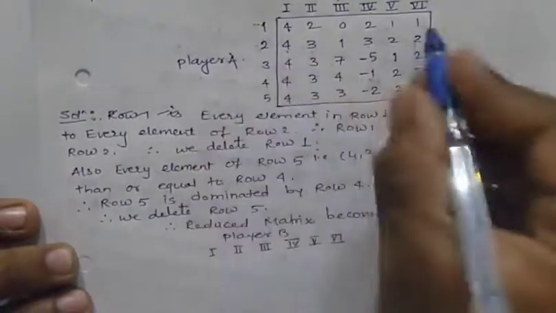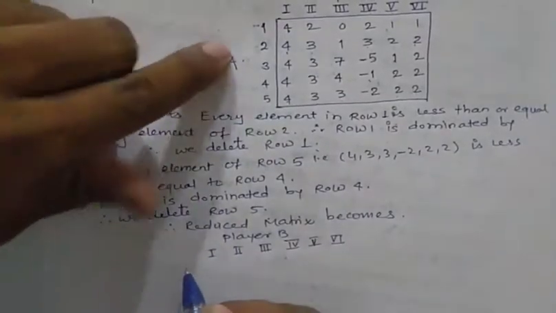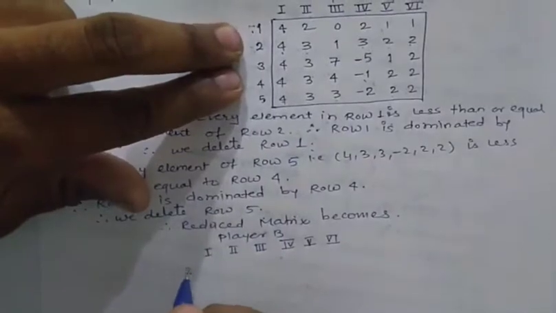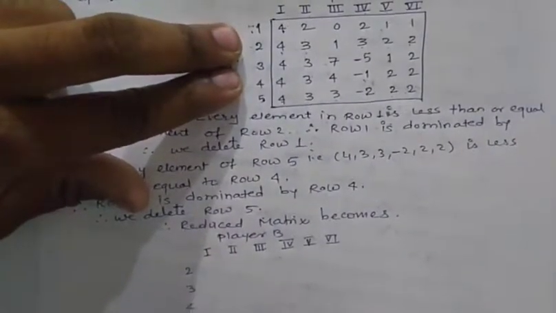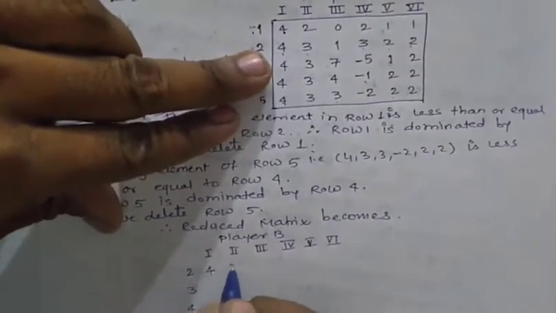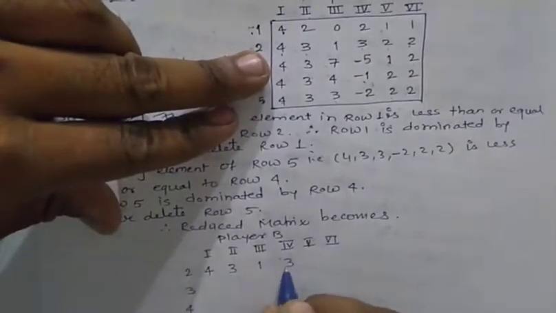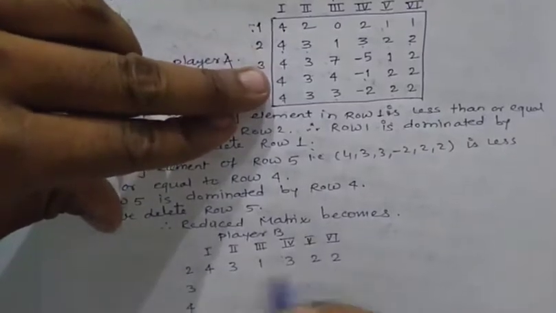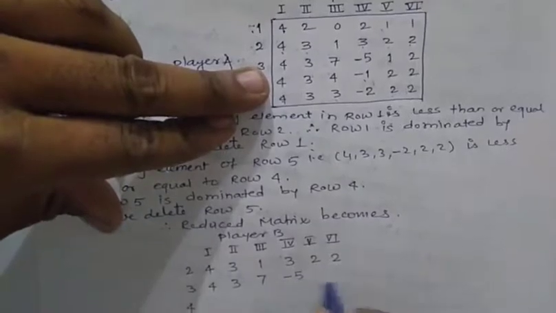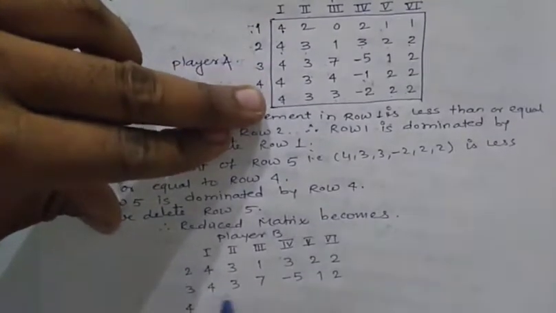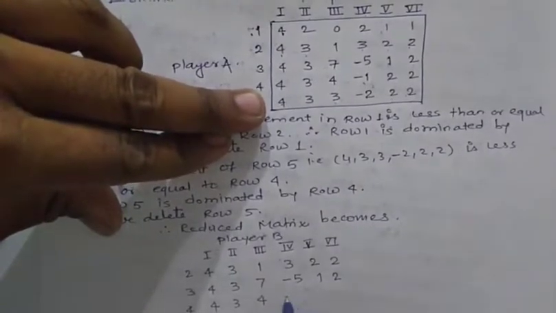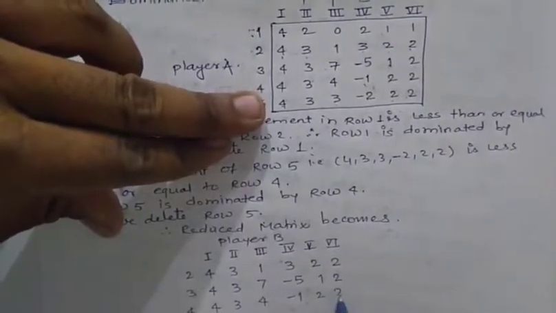Row 1 is deleted and row 5 is deleted, so we get only rows 2, 3 and 4 remaining. The entries are 4, 3, 1, 3, 2, 2. Next, 4, 3, 7, minus 5, 1, 2. Next, 4, 3, 4, minus 1, 2, 2.